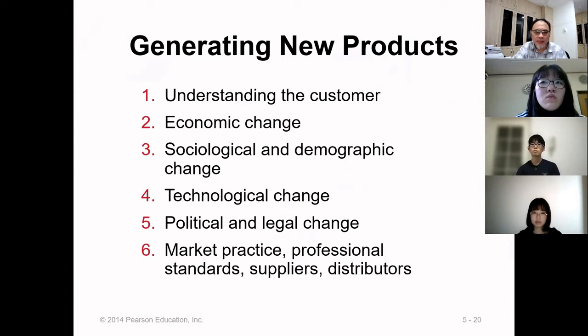Now, when we generate new products, why do companies generate new products? Why are new products being generated? Because of changes in technology, because of the needs of the customers, there are many reasons. So when you generate new products, you need to understand the customer. That's why companies do market surveys. They ask questions of the customers.